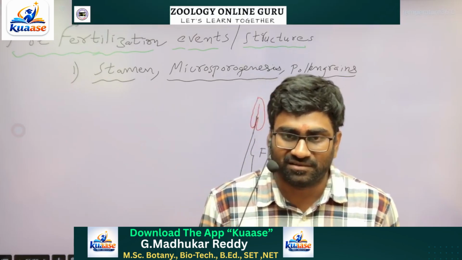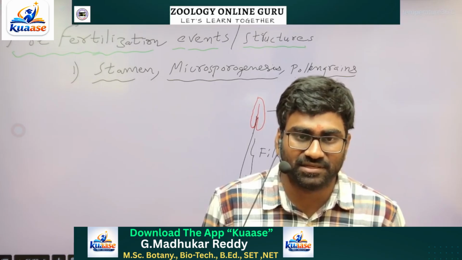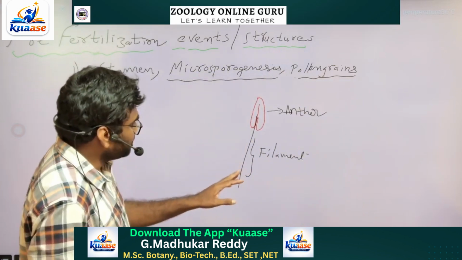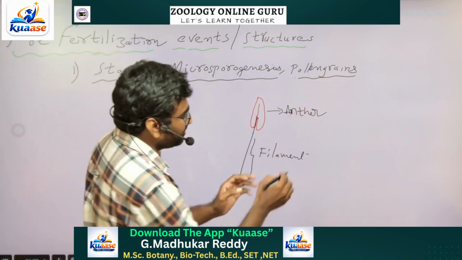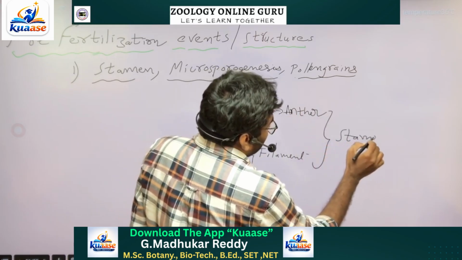Androecium is one of the important parts of the flower that usually represents the male part. It consists of filament and anther. Together, filament and anther are known as the stamen.